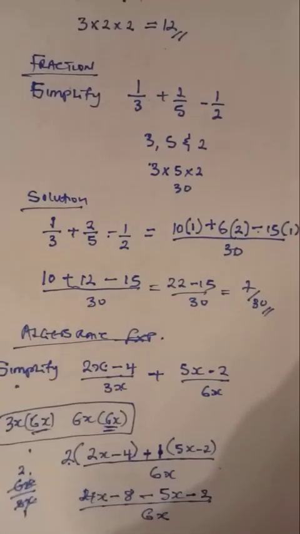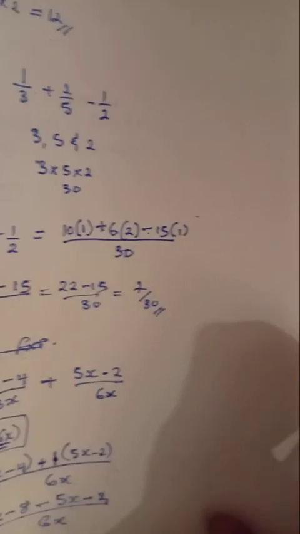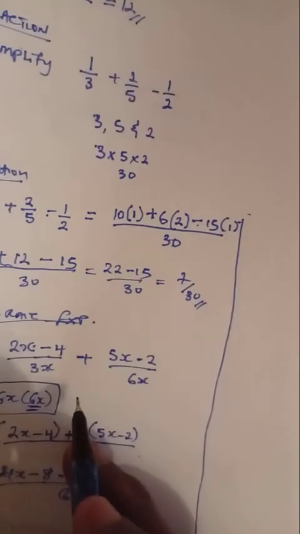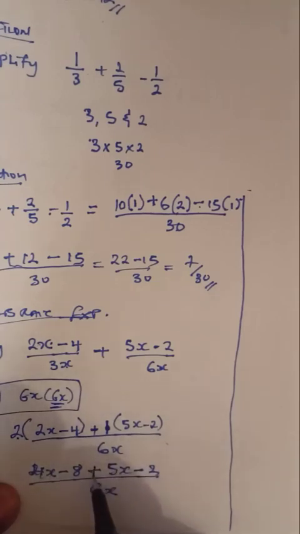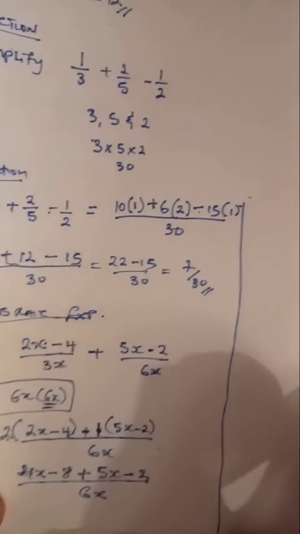So let's turn a leaf. We will now have to take like terms here. So 4x and 5x, here is supposed to be a positive sign.